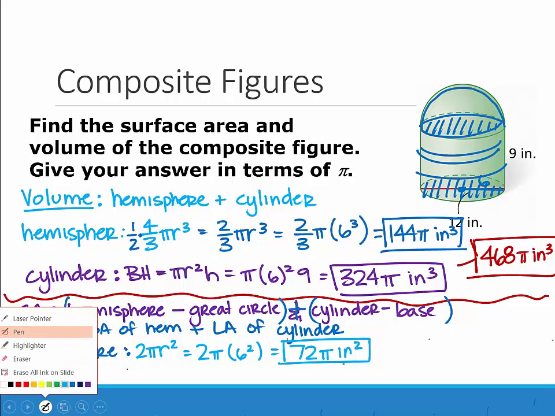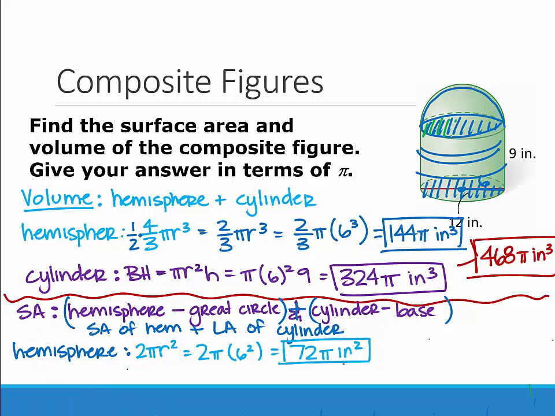And now, because I'm letting the base that I would have had to subtract count as the base down here, all I need to find is the lateral area around my cylinder. Remember, these formulas will be on your test, but the lateral area of a cylinder is 2 pi r h, because if you unfold this, you get the circumference of the circle times the height.